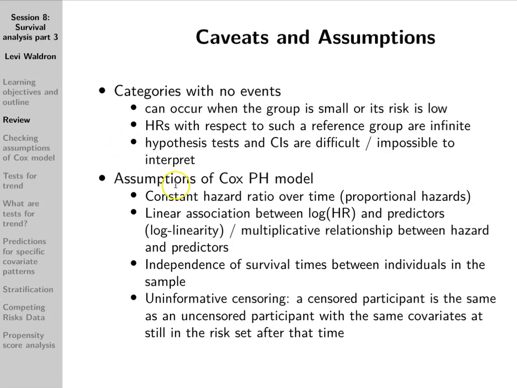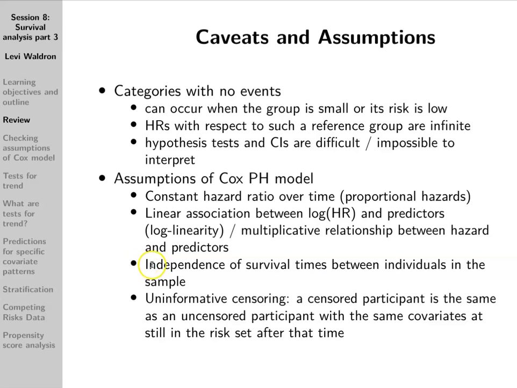to that baseline hazard. We assume there's a linear association between the log hazard ratio and the predictors. That makes it a multiplicative model. That is, additive changes in your linear predictor multiply the hazard ratio. And an independence between survival times between individuals in the sample.